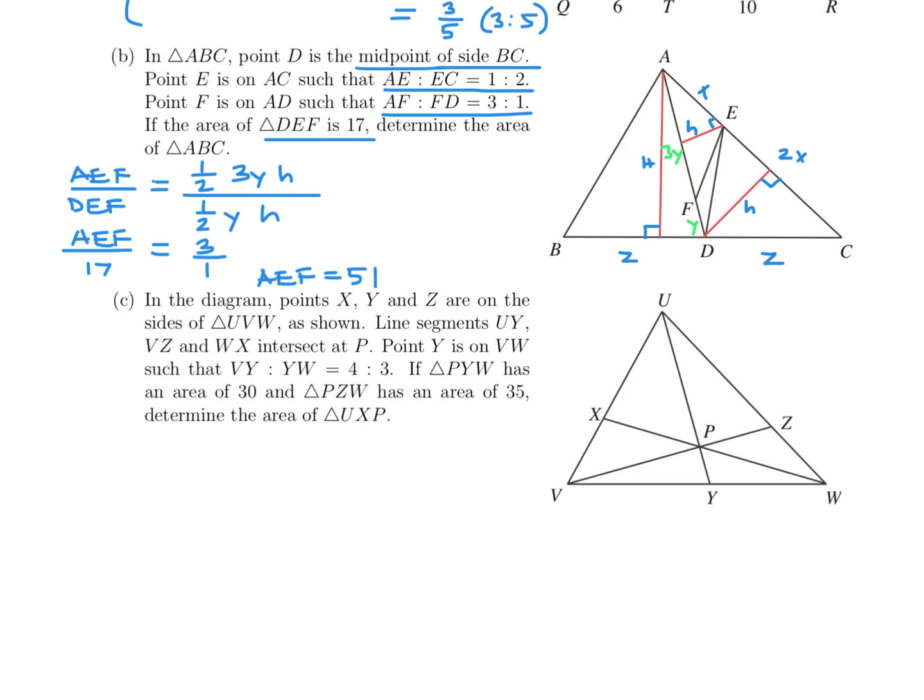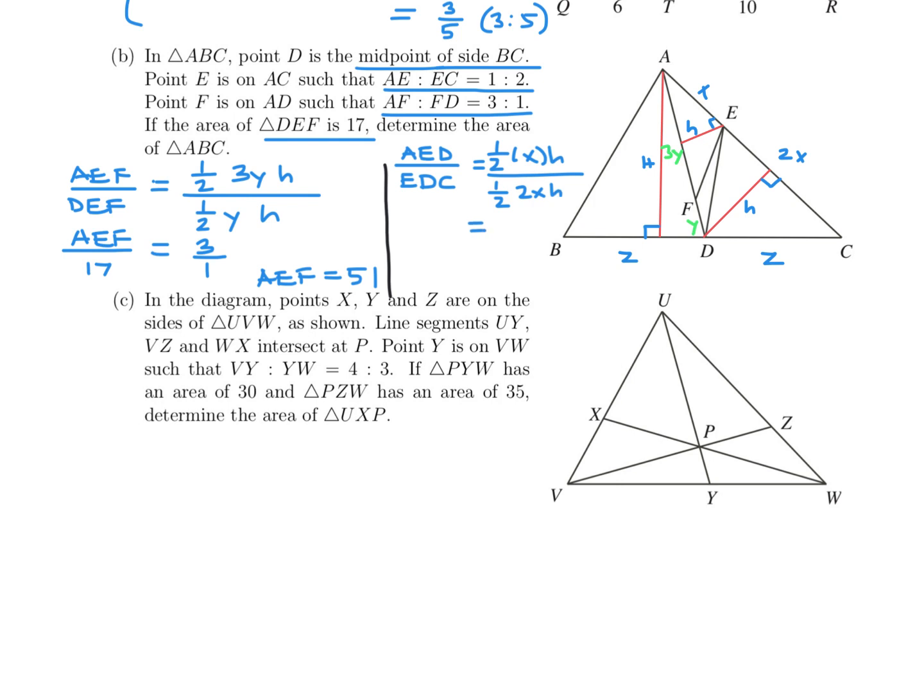Okay. So I hope you're getting the hang of what we're doing here. So I'm going to do the exact same thing this time, but on a couple different triangles: AED and EDC. So AED, 1/2 base, I'm going to use X, and then the height H. And then EDC, the base will be 2X, and the height is H again.